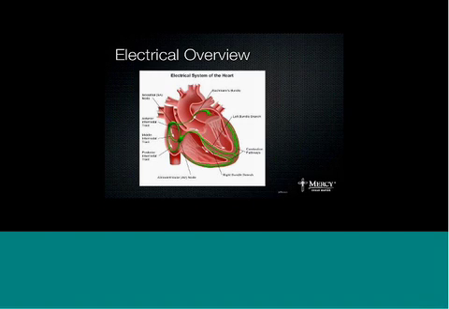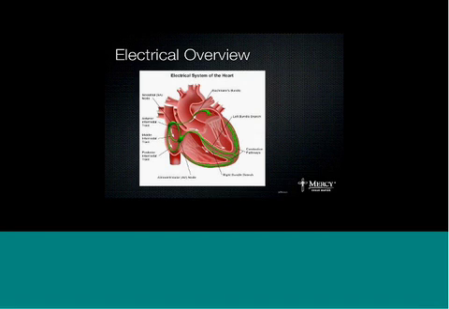You can see there are two green nodes there, one called the SA node, the sinoatrial node, and one called the atrioventricular node. Now these are not circuits, they're little electrical stations that are in charge of doing different things electrically. The goal, of course, is having the top chambers beat and pump blood into the bottom chambers, and then the bottom chambers following the top ones and squeezing blood out to your body and into your lungs.